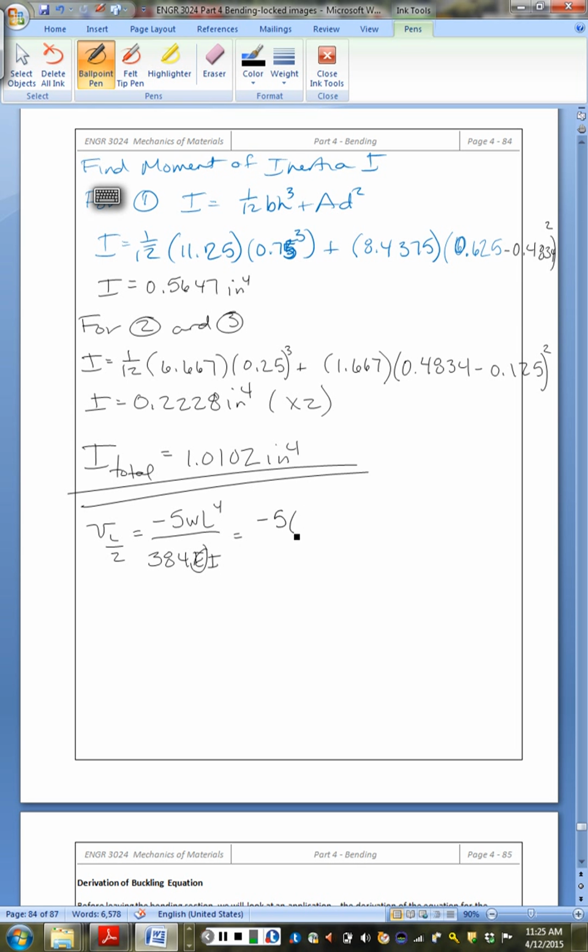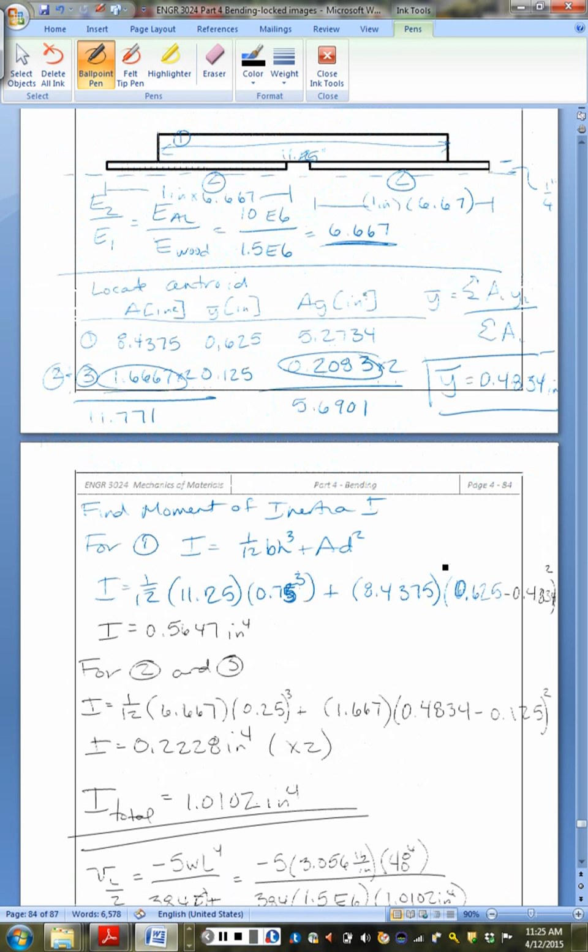So minus 5 times the same distributed load, it's our same calculus books, and the length is the same. The support beams run the whole length of the original shelf, 384, 1.5, and 1.0102 inches to the fourth.